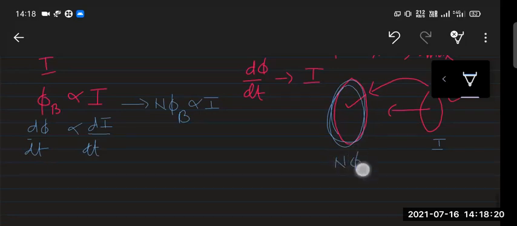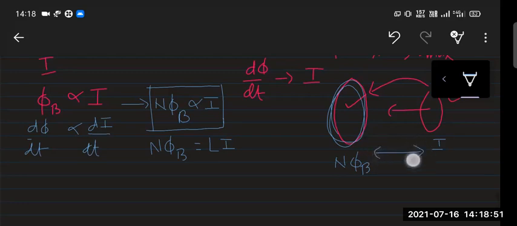Because the current was flowing, you are getting some magnetic flux in another coil. If you remove the proportionality sign, you call this inductance, L into I, or it is M into I. That is between two different coils.